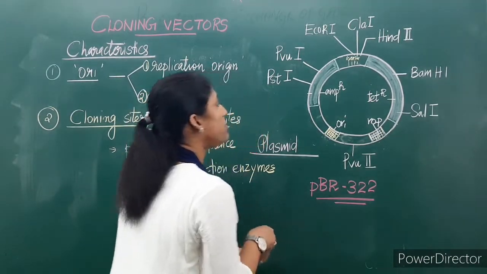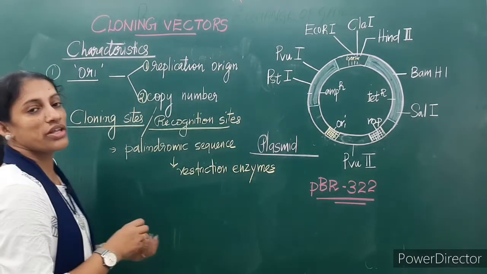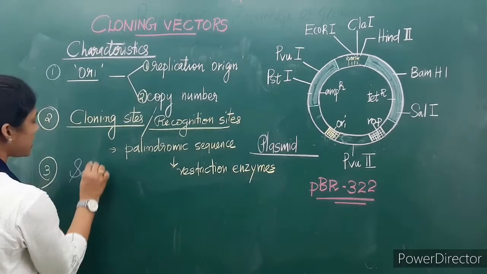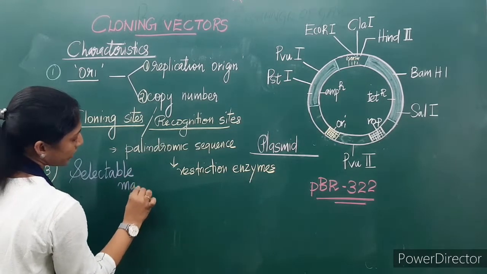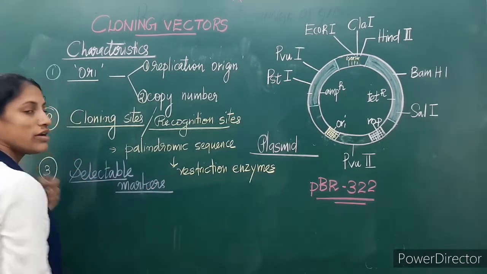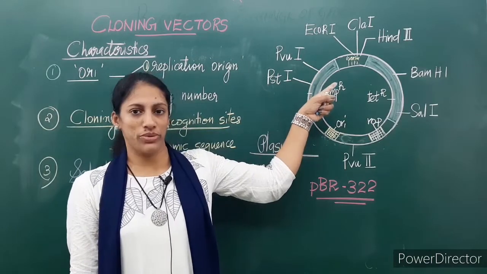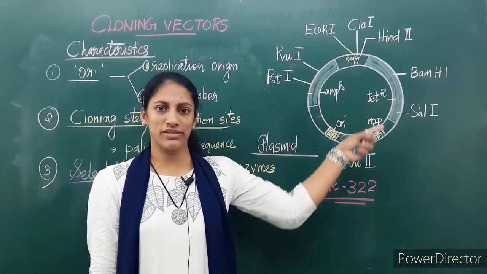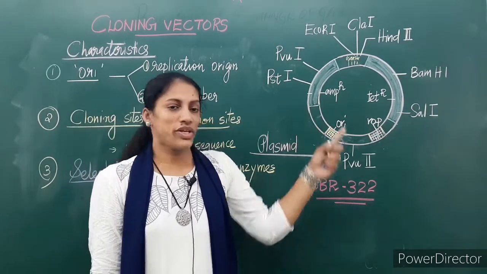Okay, and the next important characteristic of a suitable cloning vector is selectable markers. A suitable cloning vector must carry selectable markers. Okay, here in this particular example, pBR322, which are the selectable markers? What other labelings are there, which we didn't discuss?